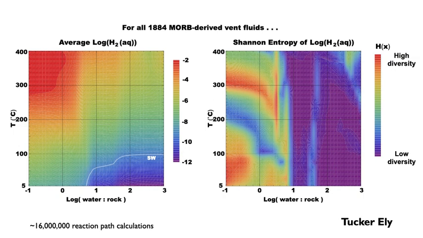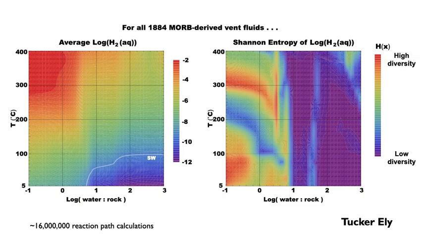So there's a large area of that diagram that's labeled as low diversity. In that zone, it really doesn't matter what the rock compositions are. The amount of hydrogen is pretty much the same regardless of rock composition. And this might make sense because this is the high water-to-rock ratio zone of the diagram.